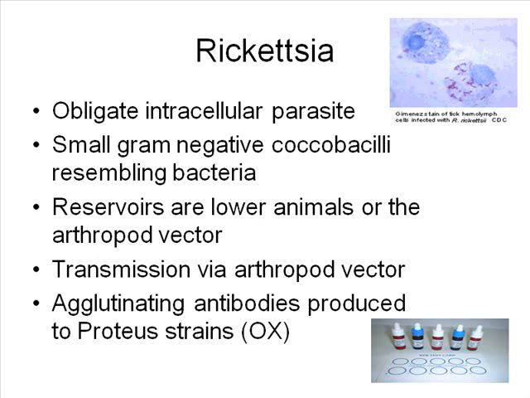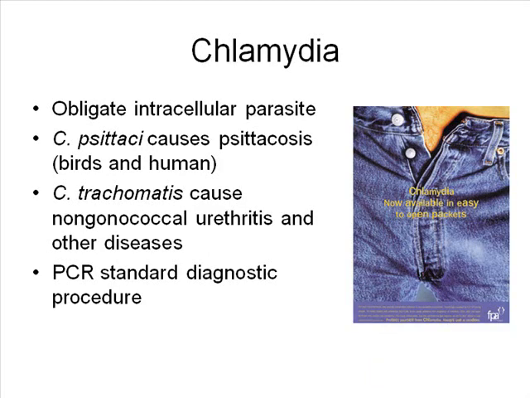Now, we used to do what is called the Weil-Felix fever of unknown origin test. I don't think they even ask you any questions about that anymore. But what they did was they used Proteus strains, which they called OX strains, because they immunologically cross-reacted with antibodies to Rickettsia. So you didn't have to expose yourself to Rickettsia. So they are like the OX19, OX20. Those are the cross-reacting antibodies.